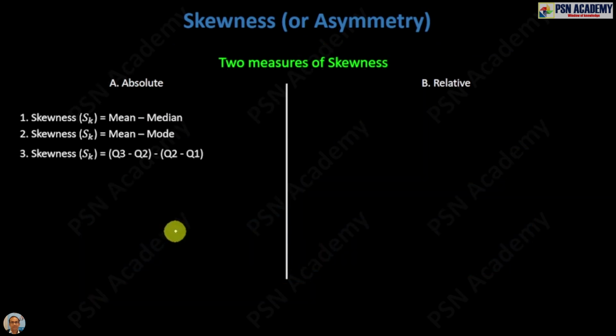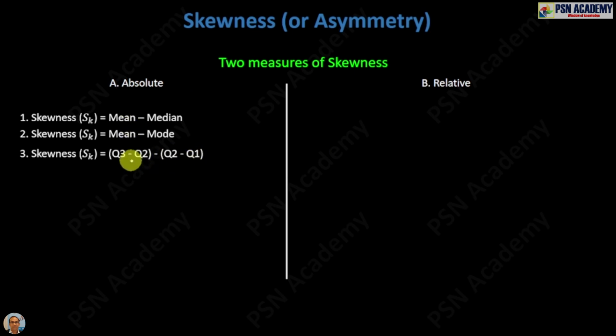Now you have a table of these absolute measures and relative measures. In the case of absolute measures, you may have the skewness like this. You subtract the median from the mean, mean minus median, and you will get a skewness. Also, you can get a skewness if you subtract the mode from the mean. And the third way: third quartile minus second quartile minus second quartile minus first quartile.